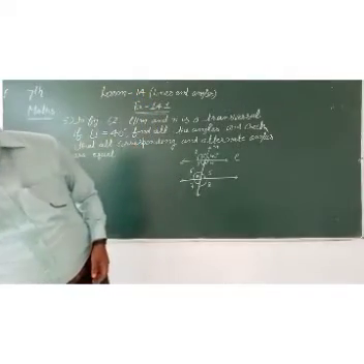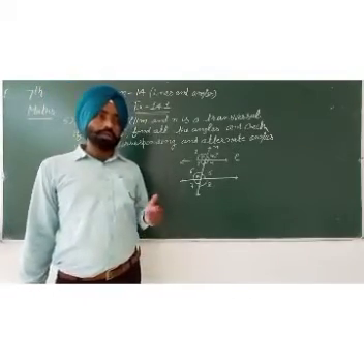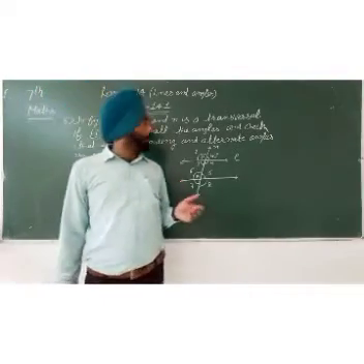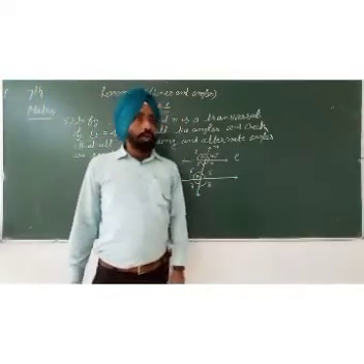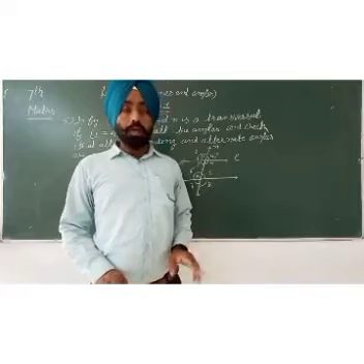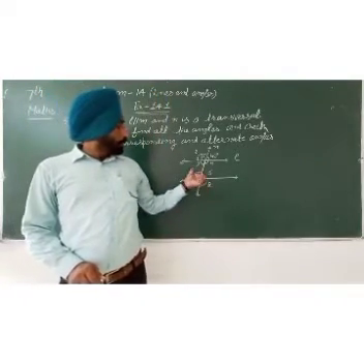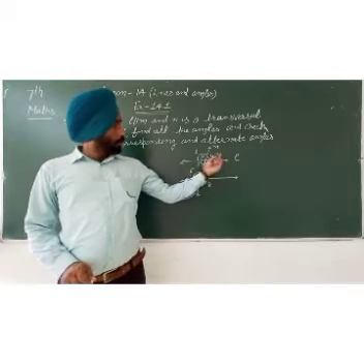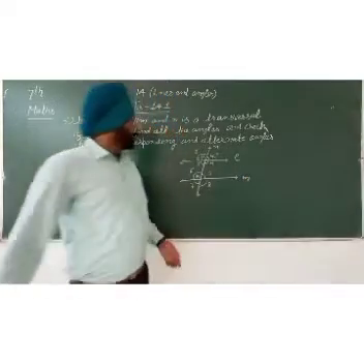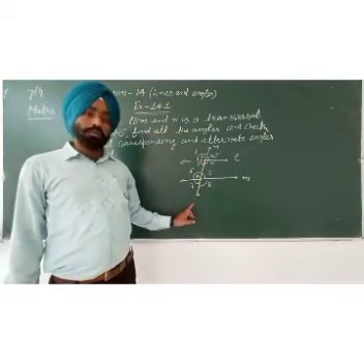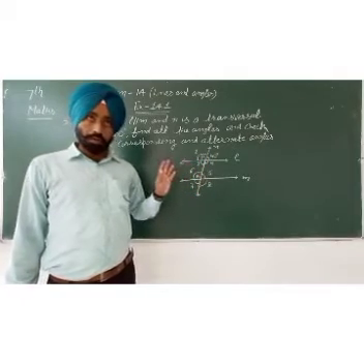Beta, today, based upon the terms I have explained in the previous video, we will start our exercise 14.1. In this exercise, there are two types of question. One question in which you are given two parallel lines and a transversal, and you are given one angle, you have to find other angles.